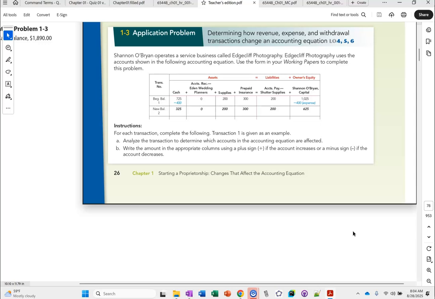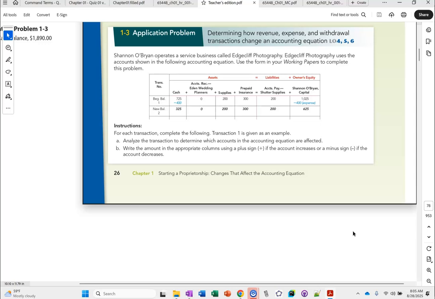So the problem reads, Shannon O'Brien operates a service business called Edgecliff Photography. Edgecliff Photography uses the accounts shown in the following accounting equation. Use the form in your working papers to complete this problem.